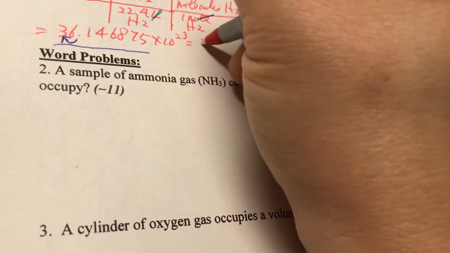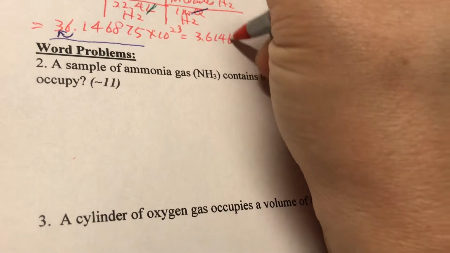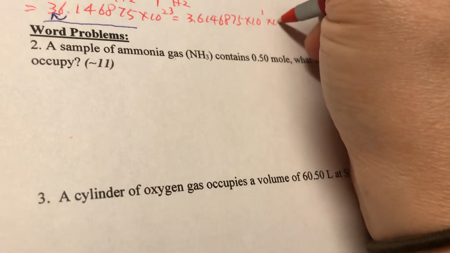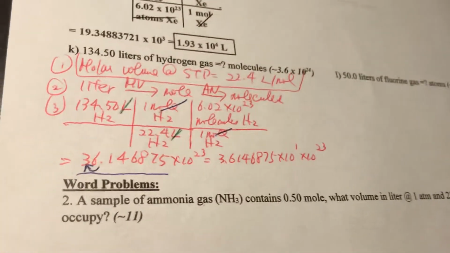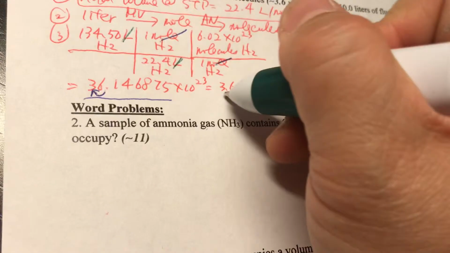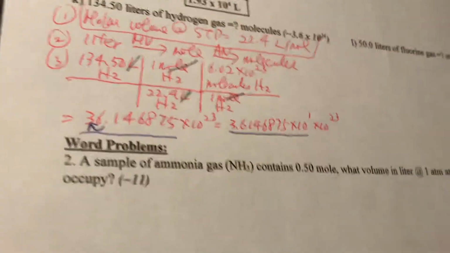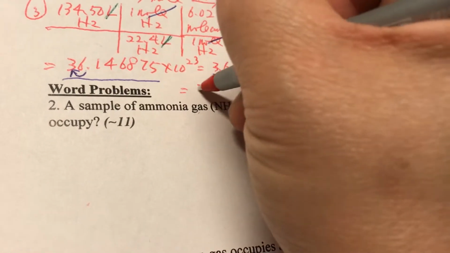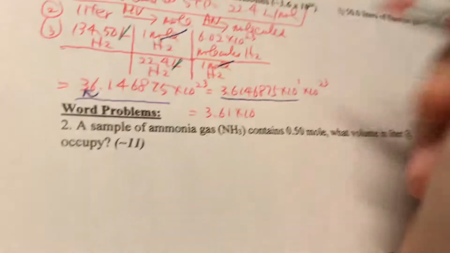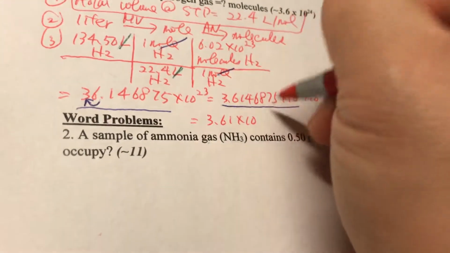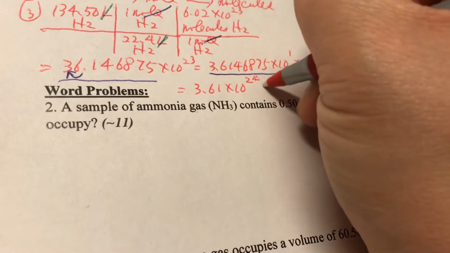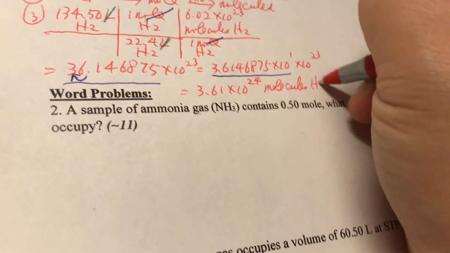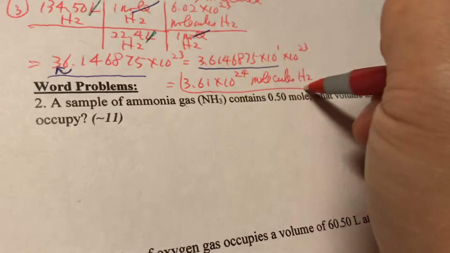So I'm going to make it 3.6146875 times 10 to the power 1 times 10 to the power 23, because I'm fixing this part. And then I round it to 2 places. I will get 3.61 times 10 to the power, you add the exponents, 24 molecules H2. So that's the answer.